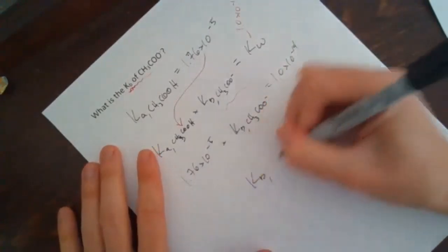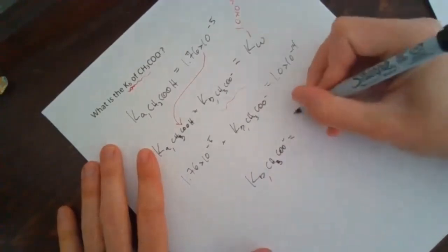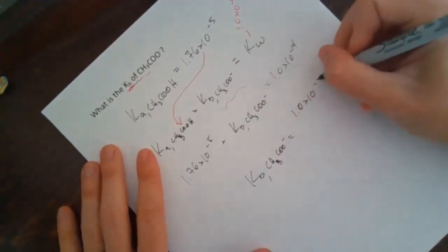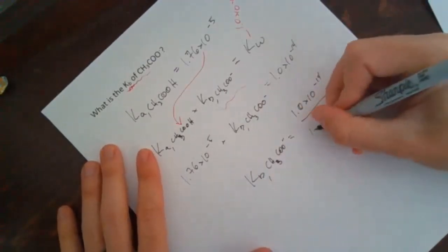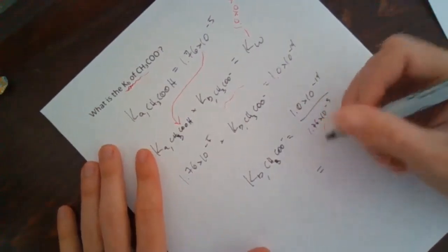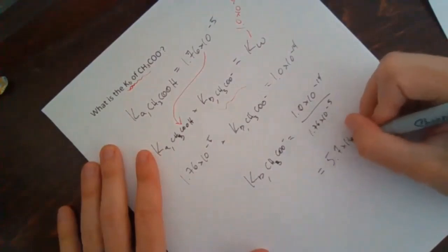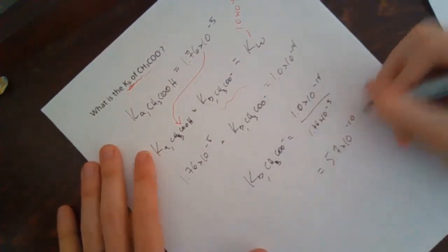And I find that Kb of my base is equal to 1.0 times 10 to the negative 14 divided by 1.76 times 10 to the negative fifth, which is equal to 5.7 times 10 to the negative 10th.